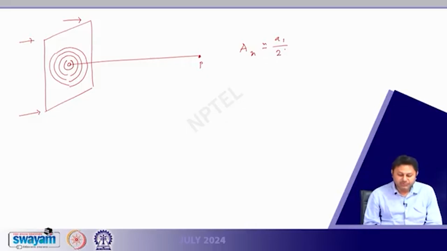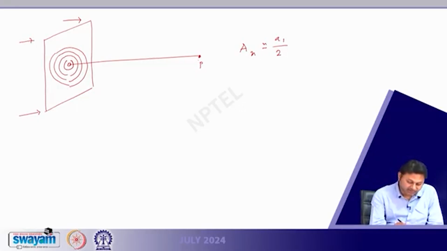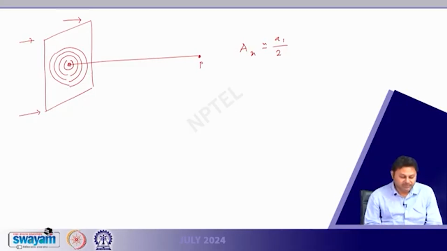That is, the contribution of the entire wavefront summed up at the point P is nothing but the contribution of the first zone, this zone, divided by 2. That is a remarkable result.